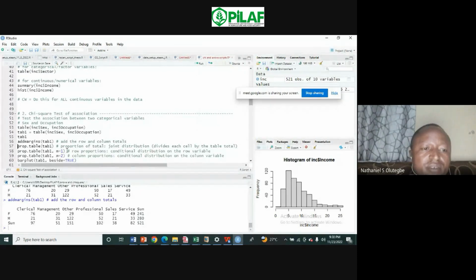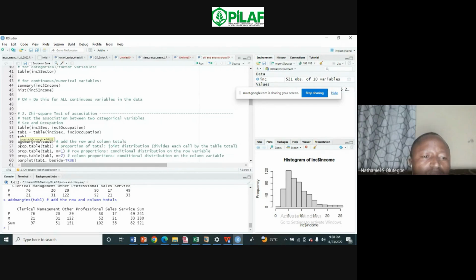Now, the next thing is to do a proportion table. A proportion table is not necessarily the same thing as the count table. It gives you an idea of the distribution, how one category is represented compared to the other, in the form of a standard unit percentage.